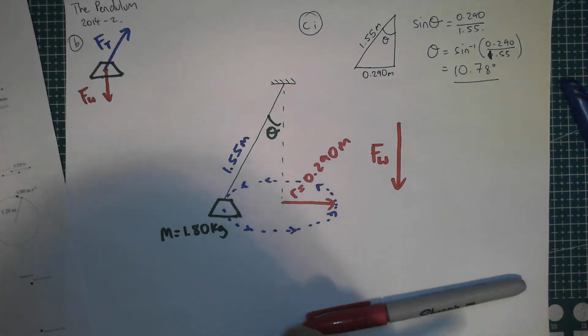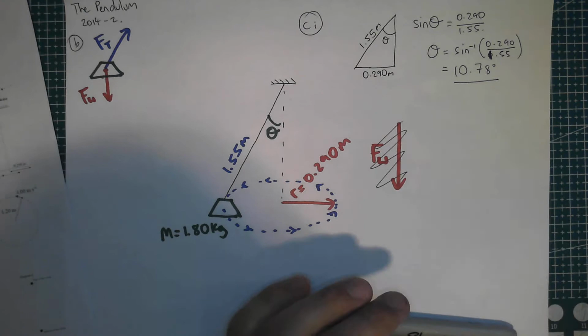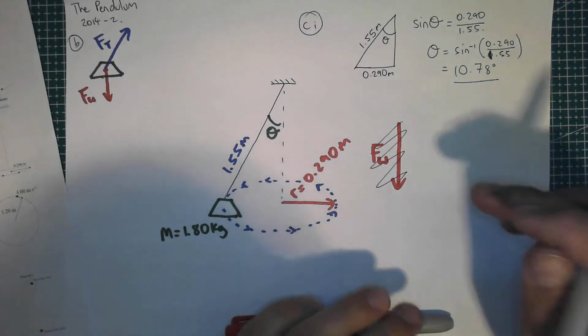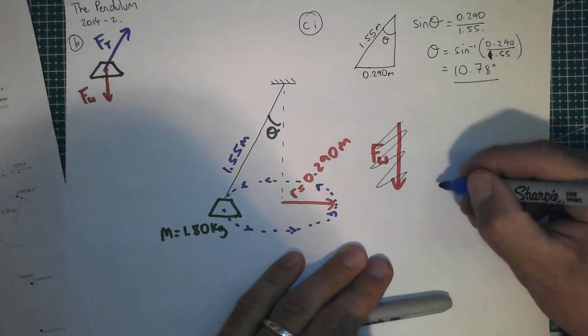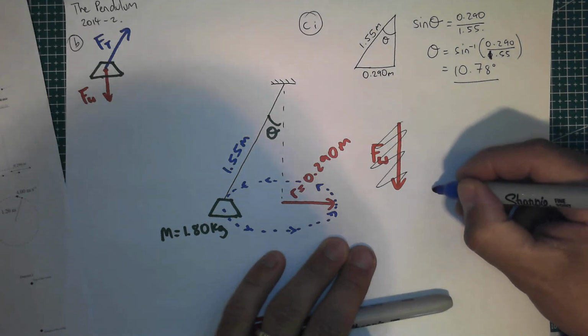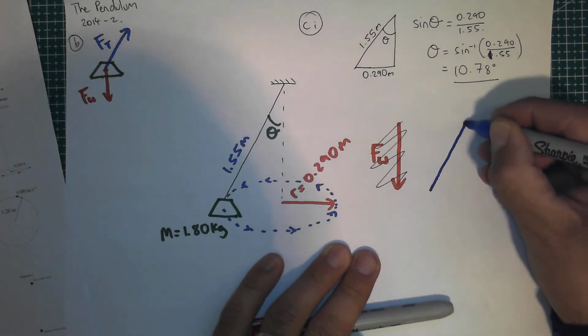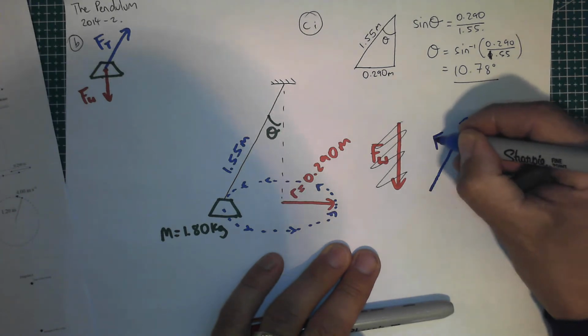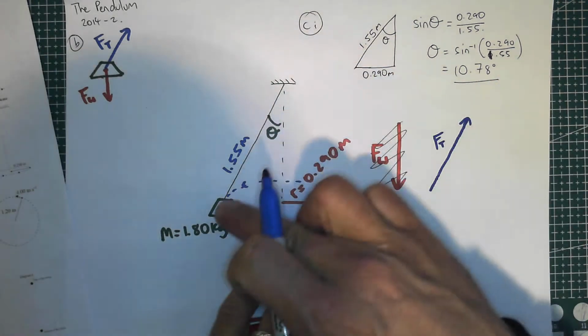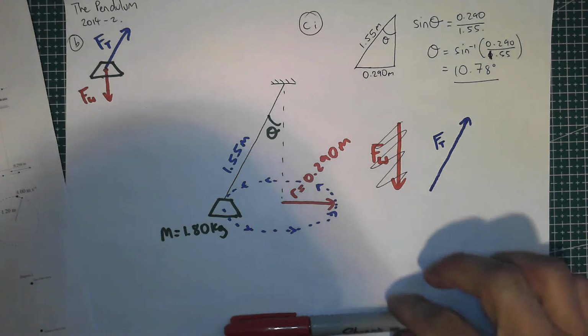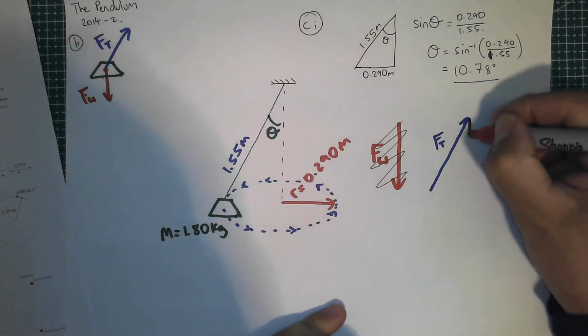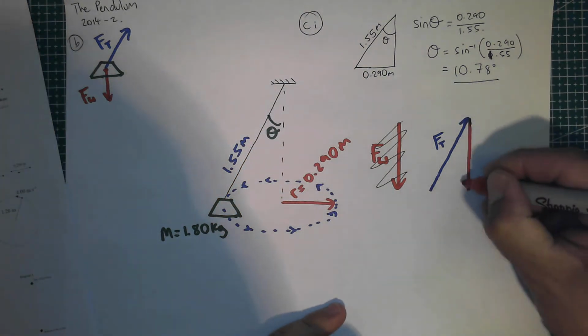I might just redraw this a different way, just to make it match conceptually. It doesn't matter what way you add vectors together, you're going to get the same answer. You can add them in either order. I'm actually going to start by drawing the tension force. So the tension force acts upwards like this, which is in the direction of the string, and then the weight force acts vertically downwards, like so.